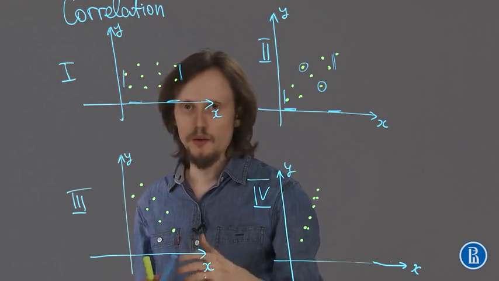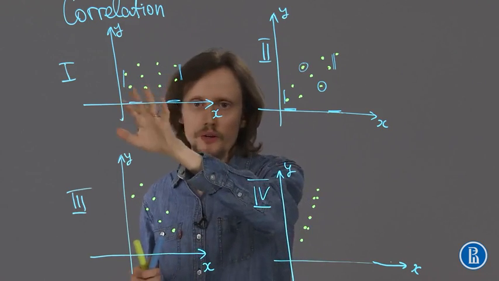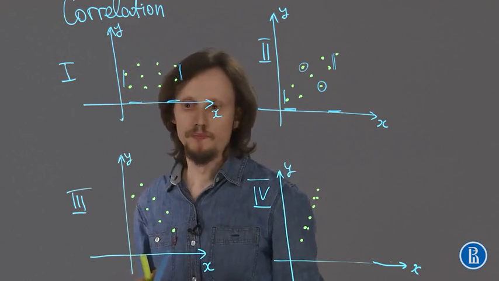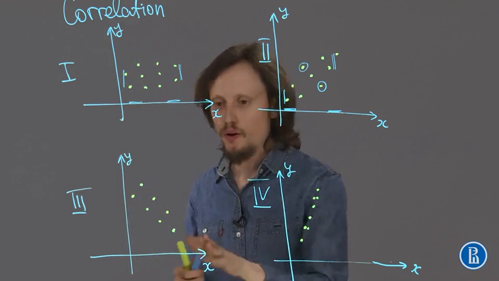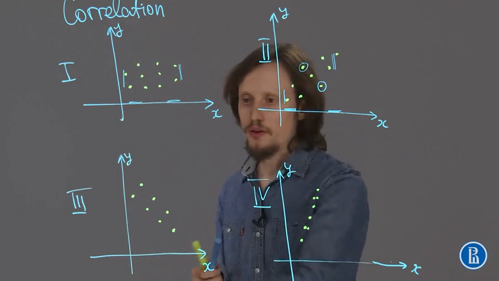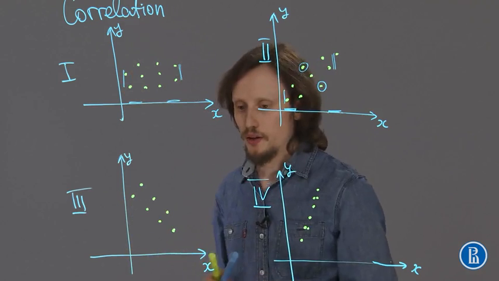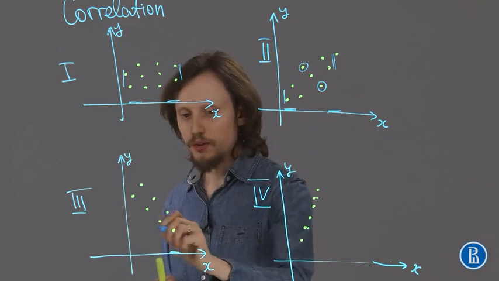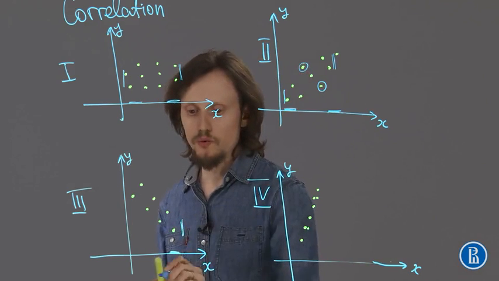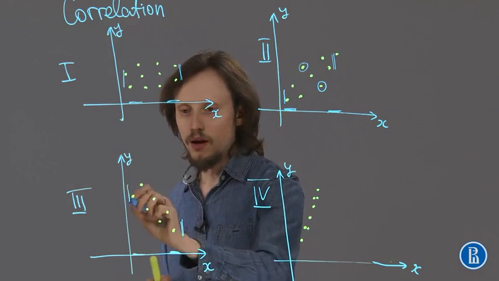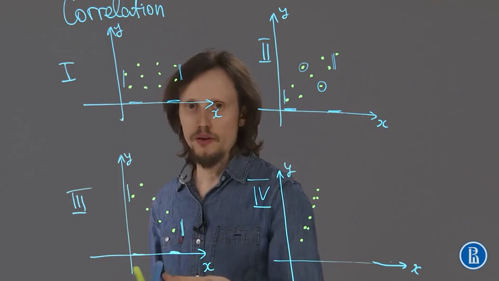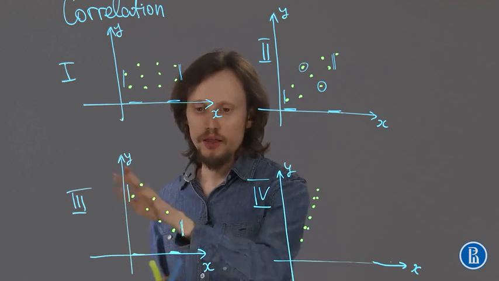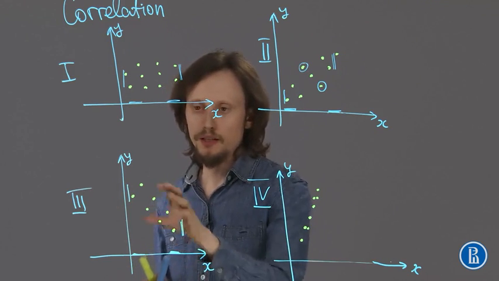In this case, we can say that there is no correlation between x and y. Now, let us consider this third case. Here we see that larger values of x correspond to lower values of y. In our terms, we will say that there is negative correlation between x and y.